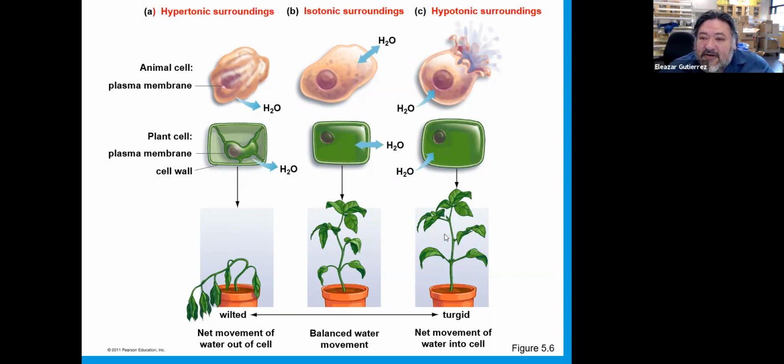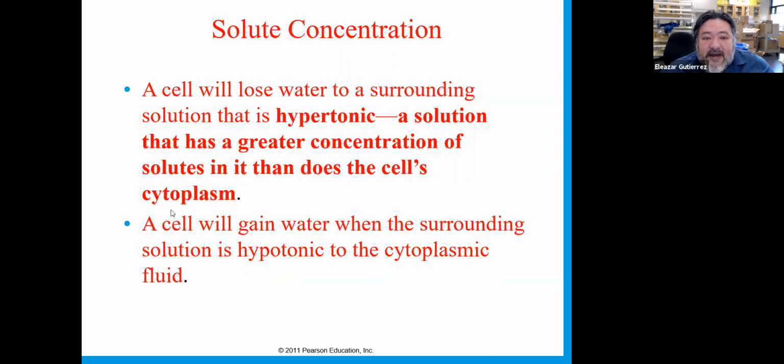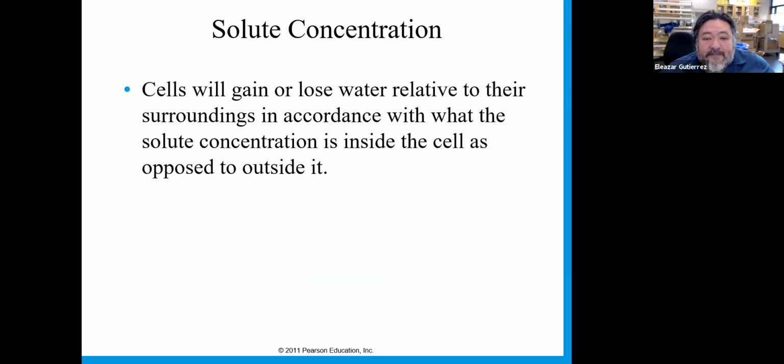The plant can deal with a hypotonic surrounding. A plant can deal with an isotonic surrounding. It just can't deal with a hypertonic surrounding, okay? All right. So cells will gain or lose water relative to their surroundings in accordance with what the concentration is inside the cell as opposed to the outside.